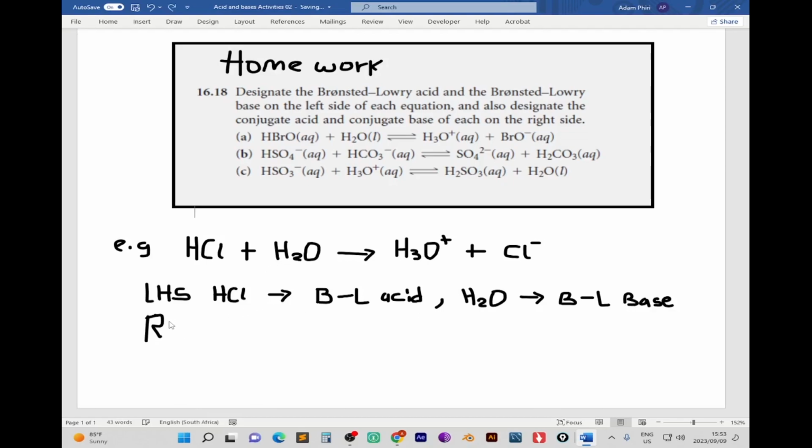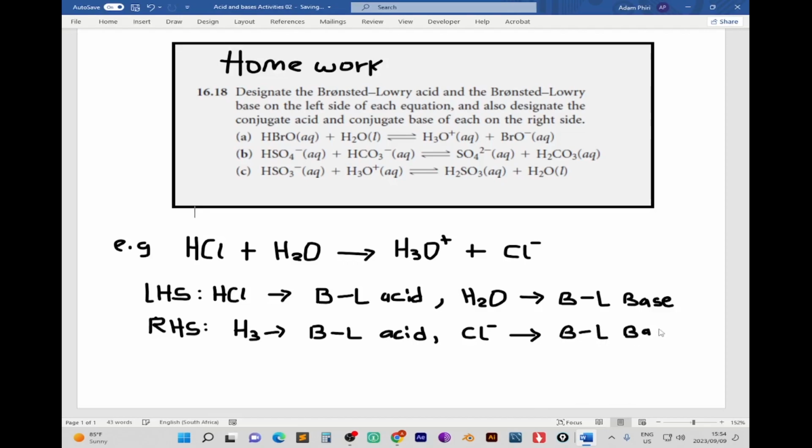On the right-hand side, you see that the hydronium, H3O+, will donate hydrogen to the chloride ion, Cl-. That is the reverse part: the hydronium becomes water, so the chloride becomes a Bronsted-Lowry base.